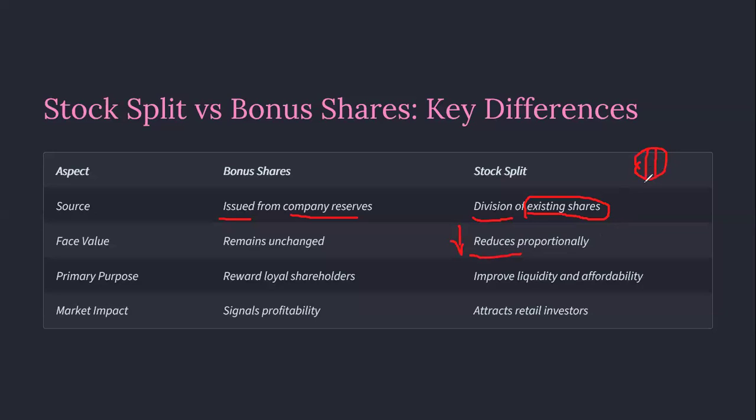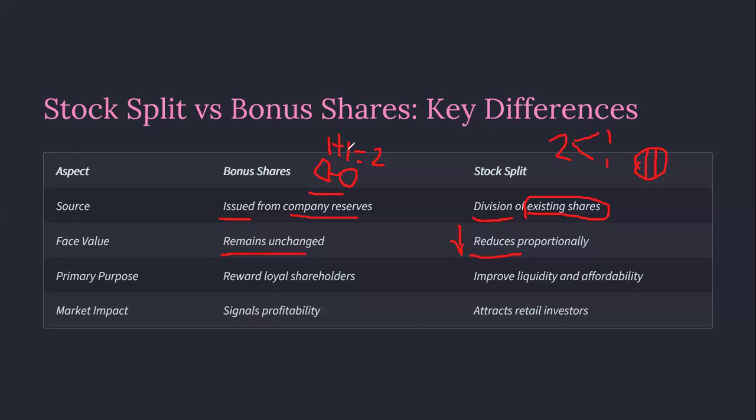I'm going to split the value. But in case of bonus share, I'm going to issue new shares. So here I'm achieving 1 plus 1 is equal to 2, whereas here what I'm achieving is 2 divided into 1 and 1. The face value of shares for bonus share remains unchanged because I'm just issuing new shares. I'm not changing the value of shares.